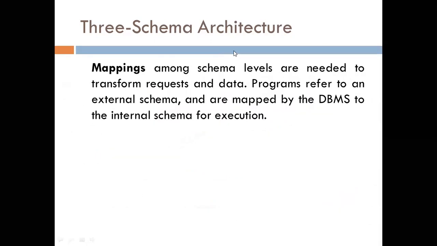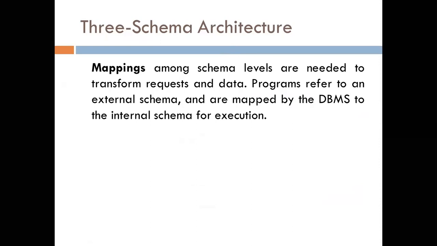So mapping, as I mentioned earlier, among the schema levels is required to transform the requests and the data. From the user end, our request is a command. It will get transformed once it reaches the next layer. On the other side, the data also gets transformed. This transformation of a request and data is called mapping.